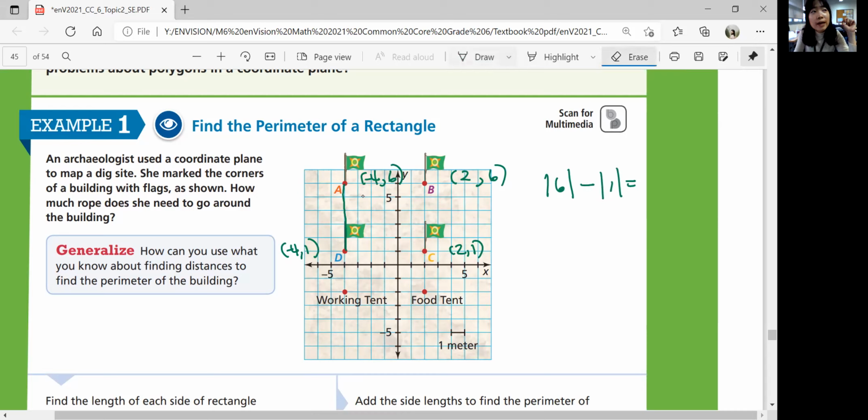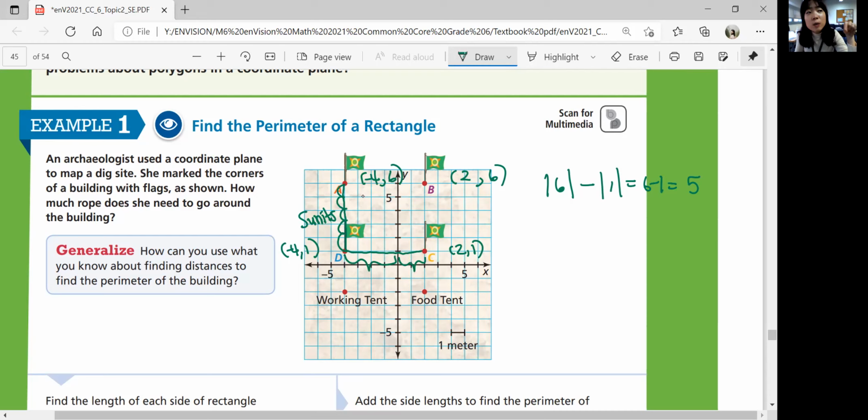So 6 minus 1 would be 5. So that's 5 units. Let's check. 1, 2, 3, 4, 5. Yes, that is correct. 5 units. What about the horizontal distance between C and D? Okay. They're in different quadrants, so you need to add the distance between D to 0 and the distance between C to 0, right?